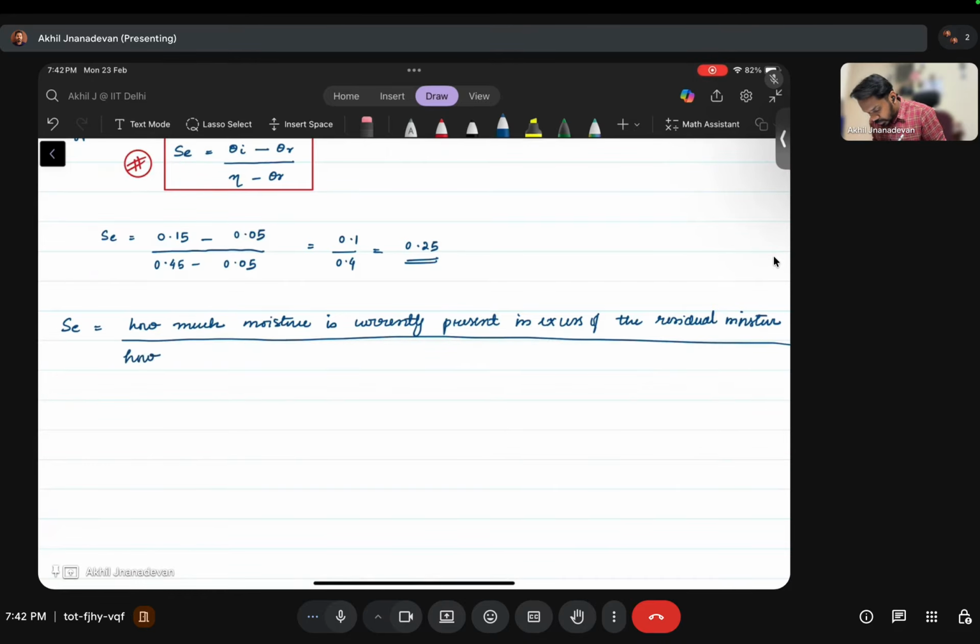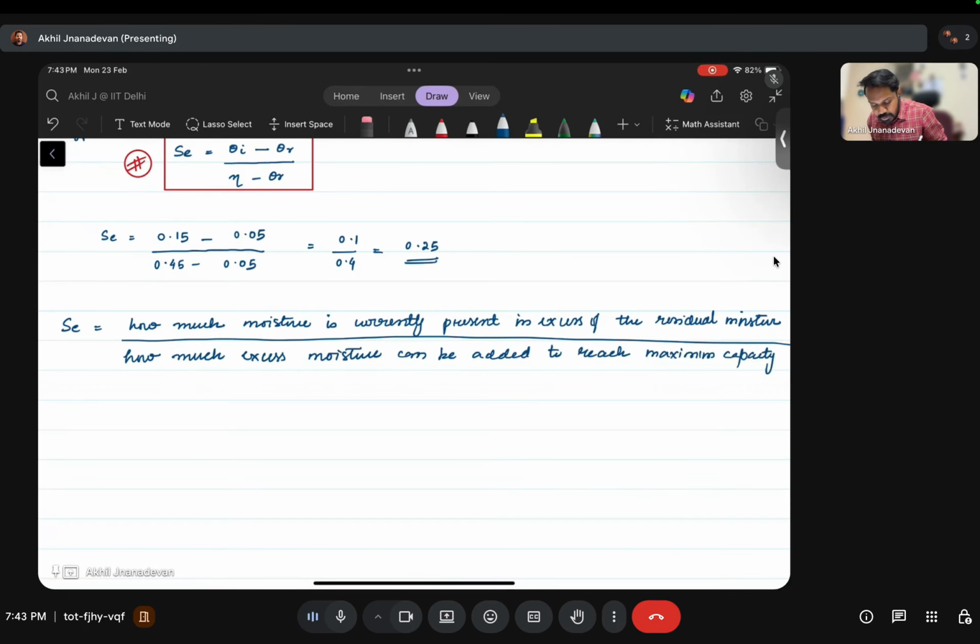how much excess moisture can be added to reach maximum capacity.